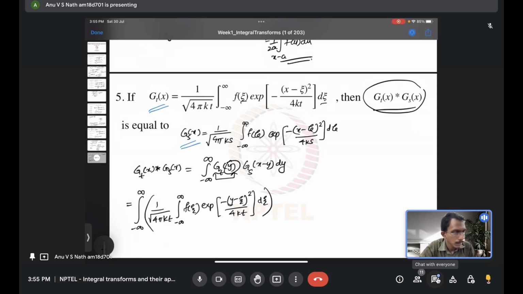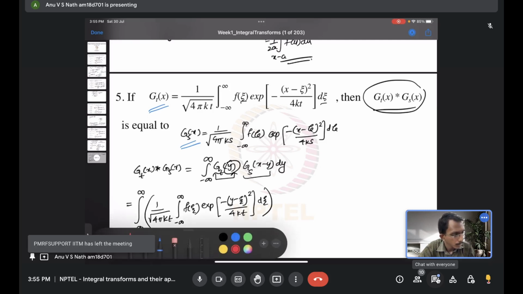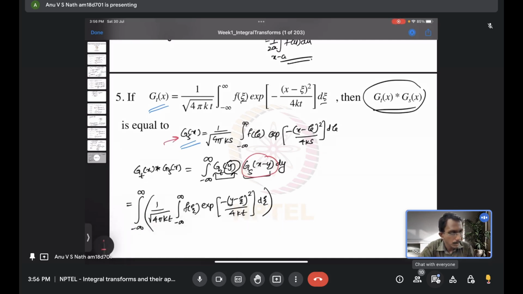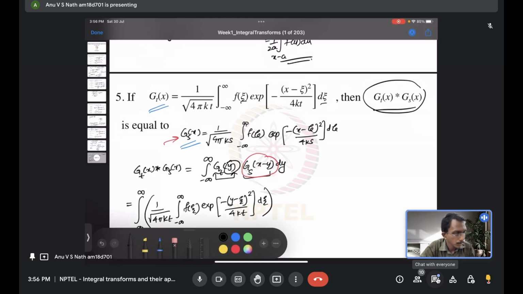This is just the part g_t of y. Now the second part we have g_s of x minus y. For that we will use this expression replacing x with x minus y.